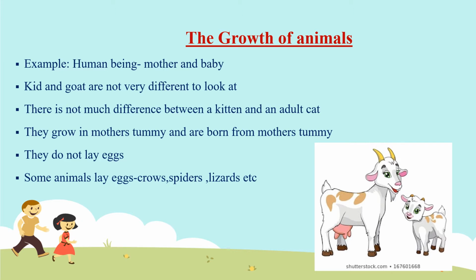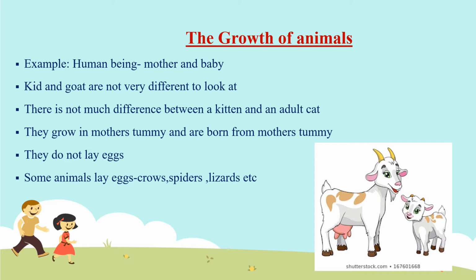If you observe the picture, a kid and a goat look similar and have the same features. The only difference is that it is a small kid and the other one is a fully grown goat.